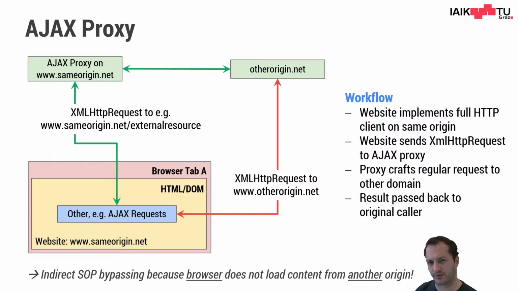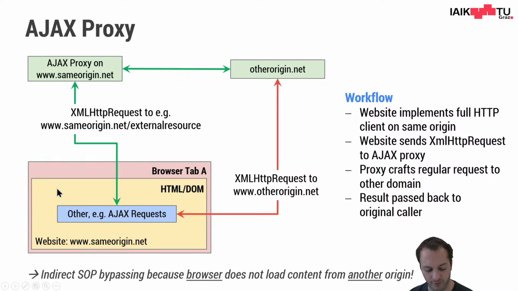Then you as a website developer or website owner could, for example, install a Node.js or PHP script on your website that would just act as some kind of proxy. So you would make it a server which would request this resource for you from the other origin.